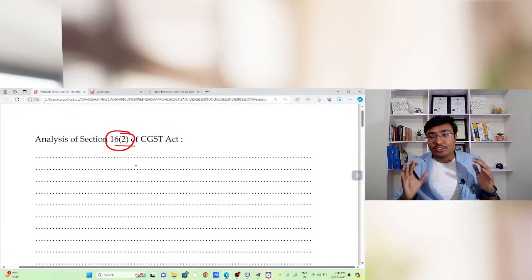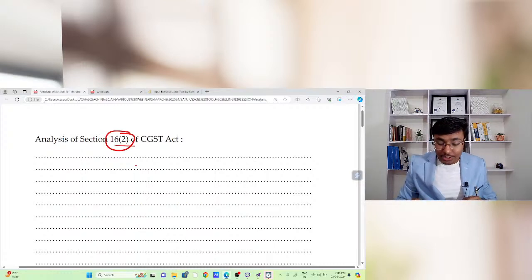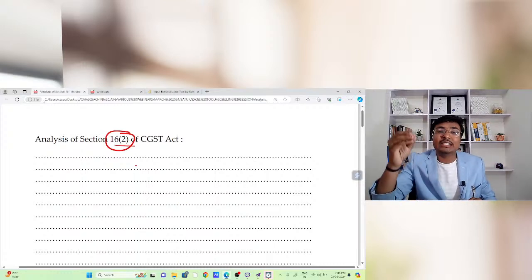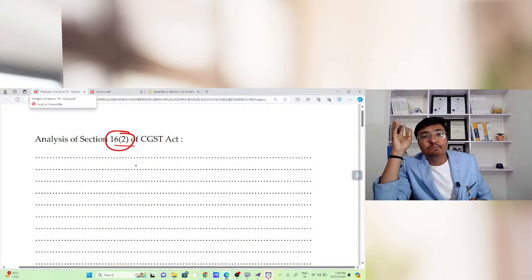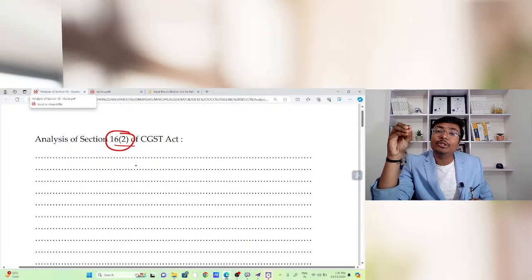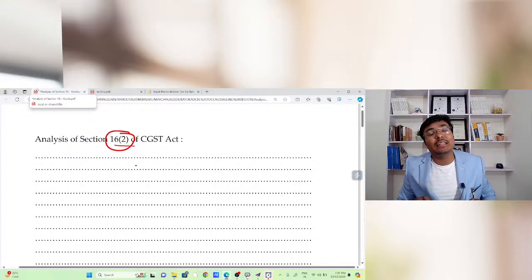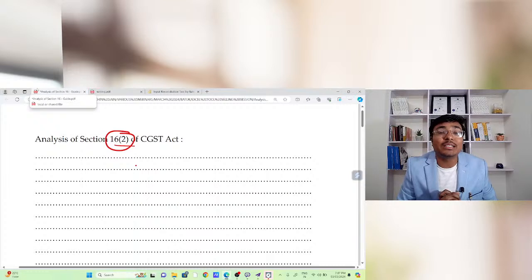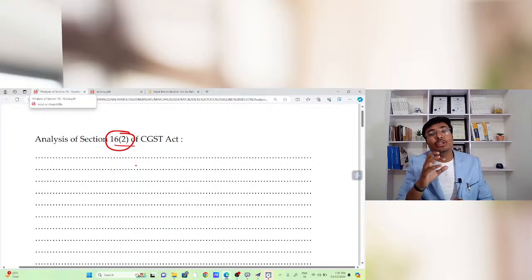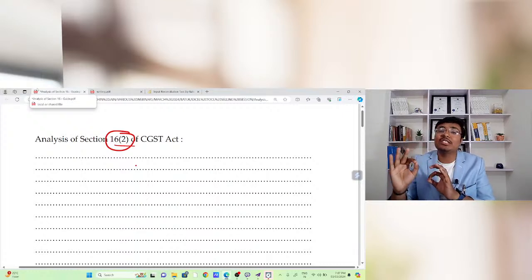Generally our client sends us the GSTR-3B return, and we claim the input tax credit based on the GSTR-3B sent by the client. In maximum cases, we do not check the eligibility under Section 16, subsection 2. Am I right? We just take the input tax credit suggested by our client.